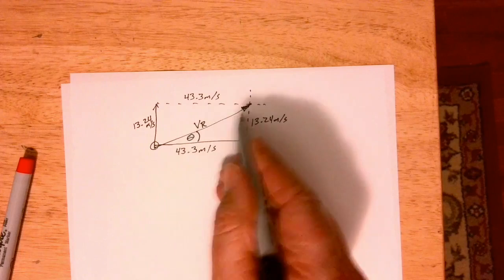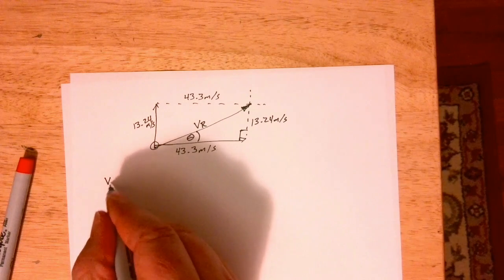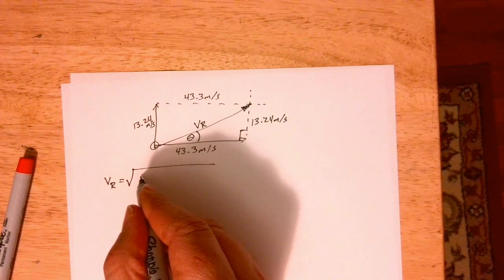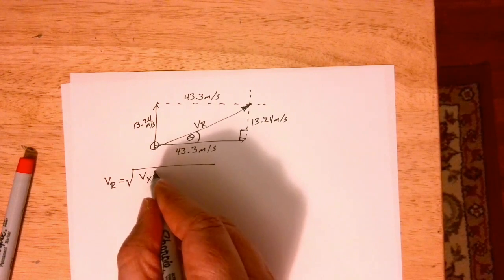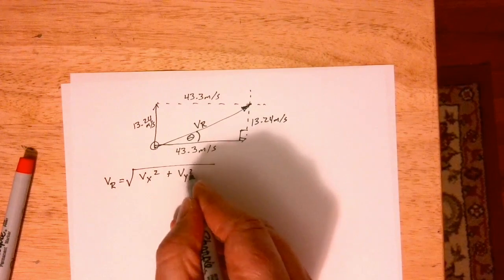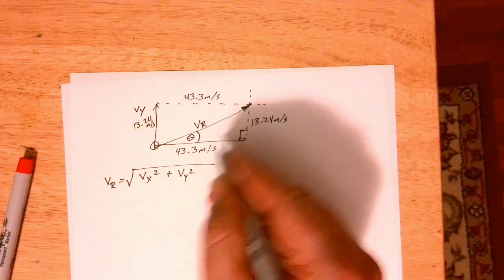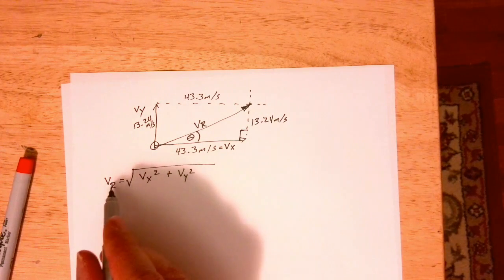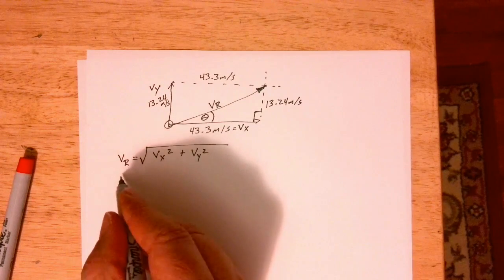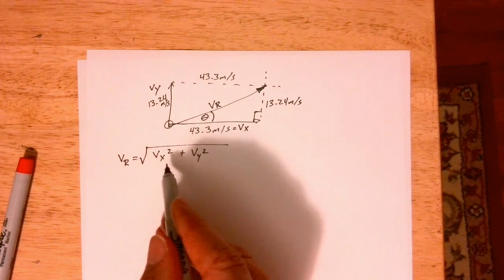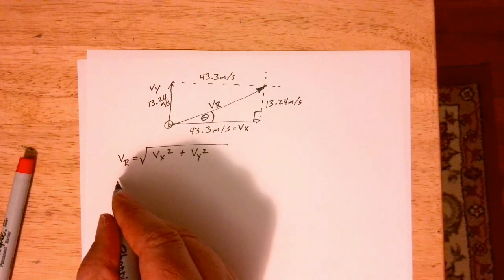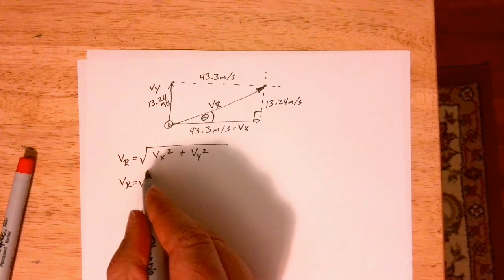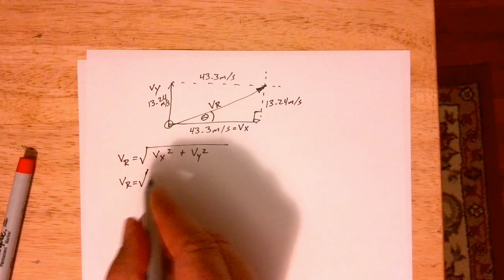Since the resulting velocity is the hypotenuse of the triangle, VR is equal to the square root of Vx squared plus Vy squared. This is your c squared, or c is equal to the square root of a squared plus b squared. To solve for this, we're just going to plug in the values. So Vx is 43.3.